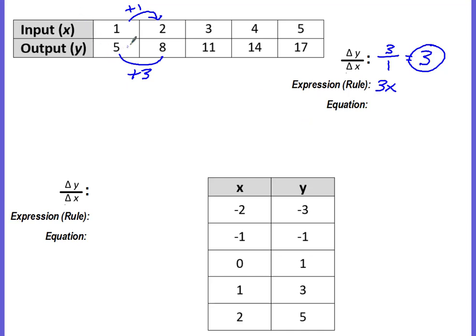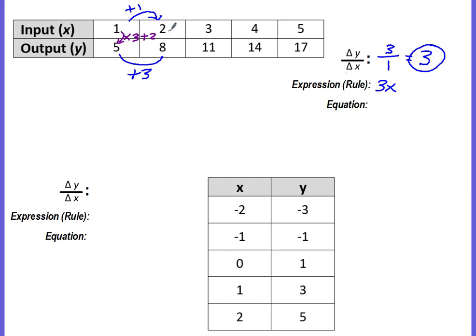So now let's come back. When I multiply 1 times 3, that gives me a 3, but I need a 5. So we need to think, what can we add or subtract to make a 5? Well, I can add 2. 1 times 3 is 3, plus 2 gives me 5.